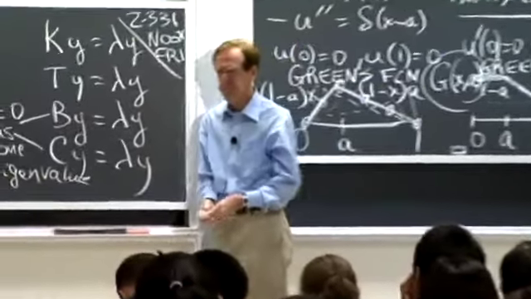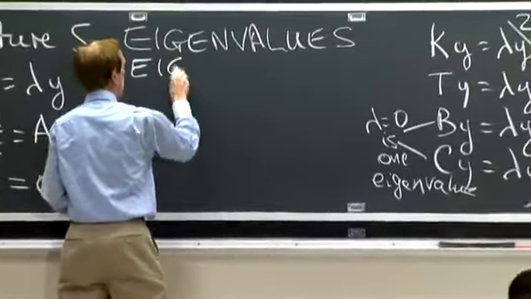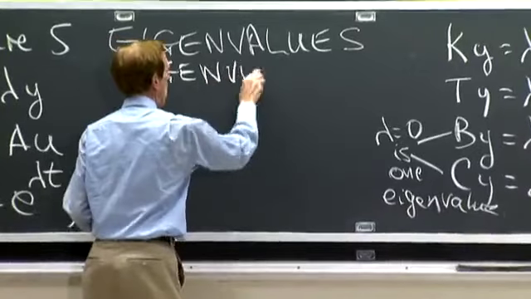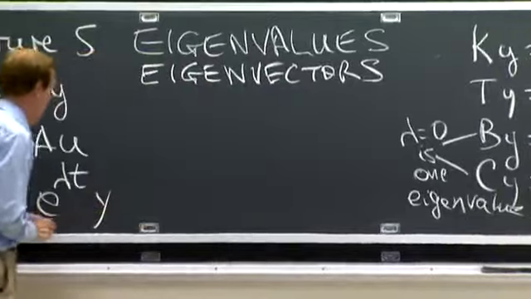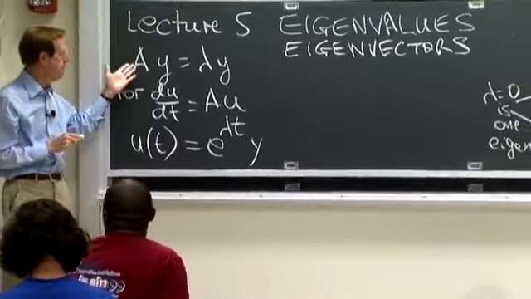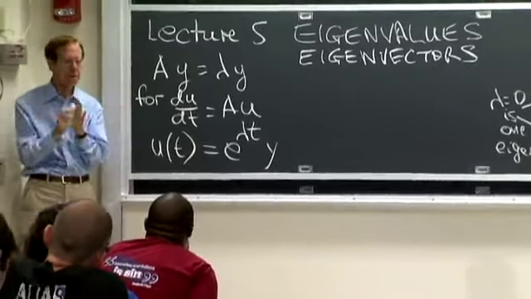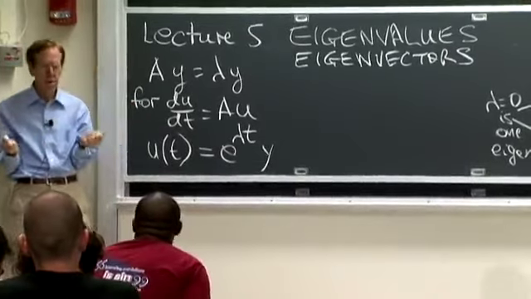Okay, eigenvalues. And, of course, eigenvectors. We have to give them a fair shot here. All right, square matrix. I'm talking about what eigenvectors and eigenvalues are in general, and why we want them.